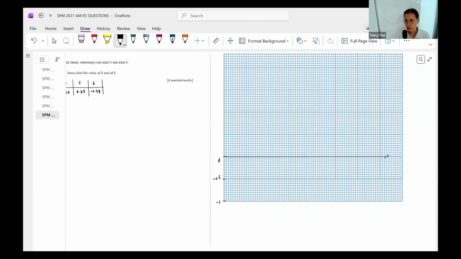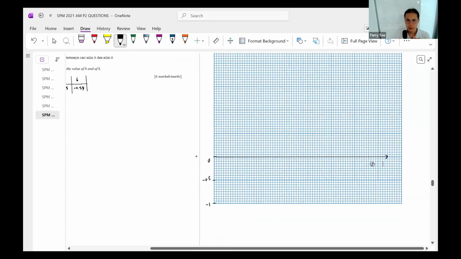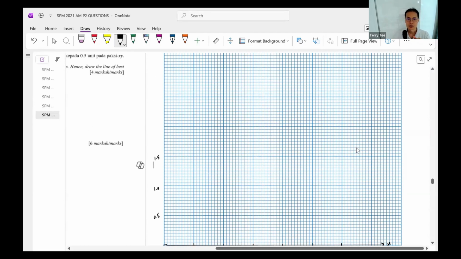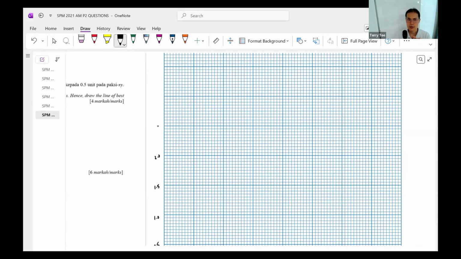Don't need to draw so far because the question asks us to draw up to 6 only. So maybe I label here 1, 2, 3, 4, 5, 6. This is your x. This is 0.5, then 1.0, 1.5, 2.0, 2.5, 3.0.